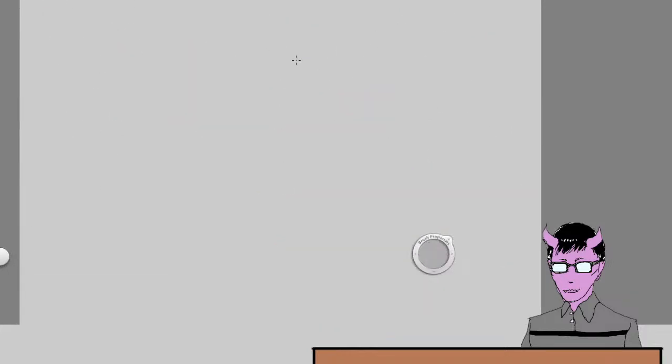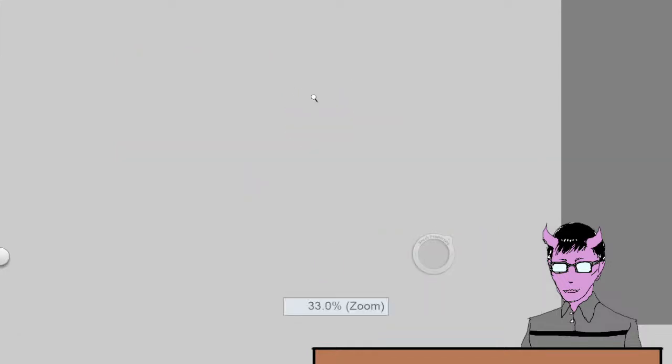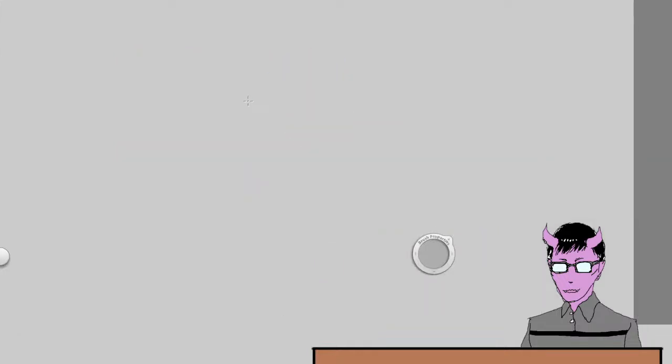Moving on, we have the cosine problem. What do we have? It's cosine of 23 pi over 12. And standard strategy: pay attention to the bottom.